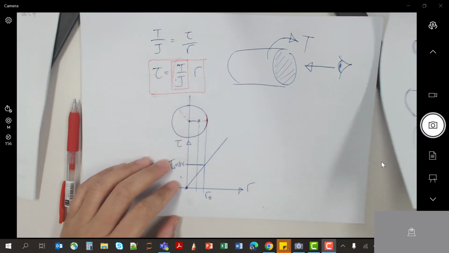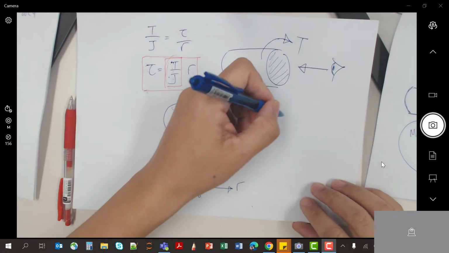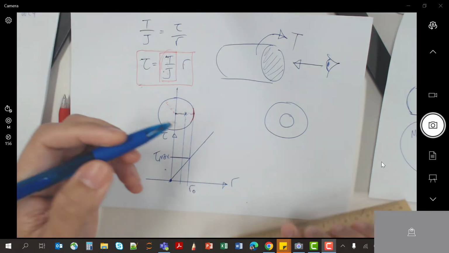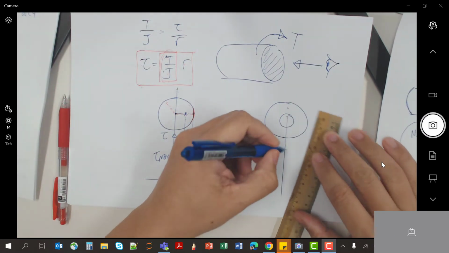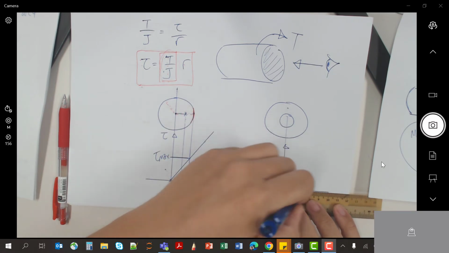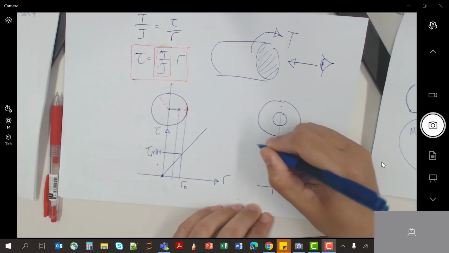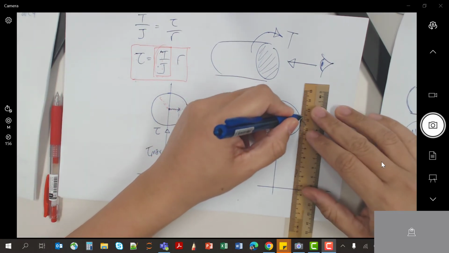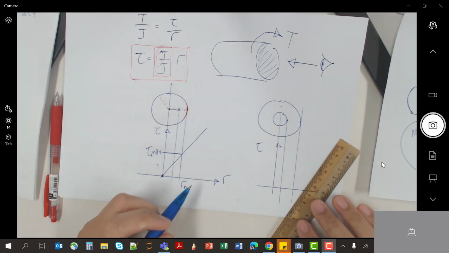All right, and of course, if your rod is hollow, which are the 2 points of interest? The inner radius and outer radius, right? So this is the outer radius and this is the inner radius.